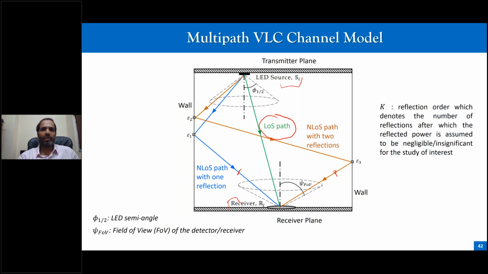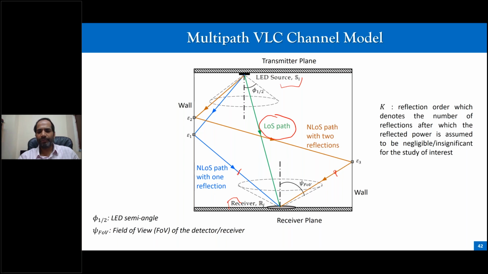Of course you cannot simulate with 100 reflections or 200 reflections, otherwise the simulation model will become quite complicated. So first we have to identify how many reflections are sufficient to model the reality.